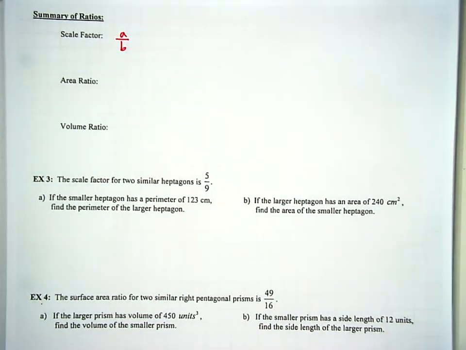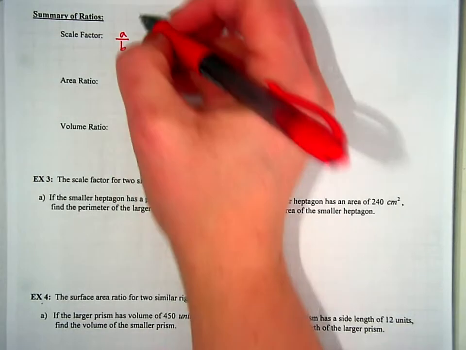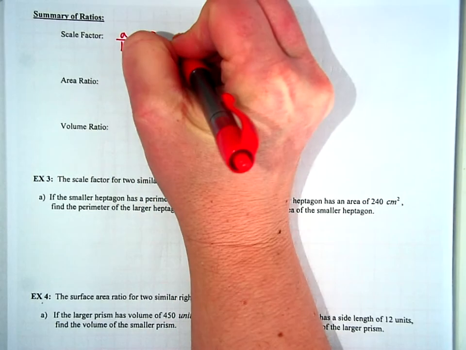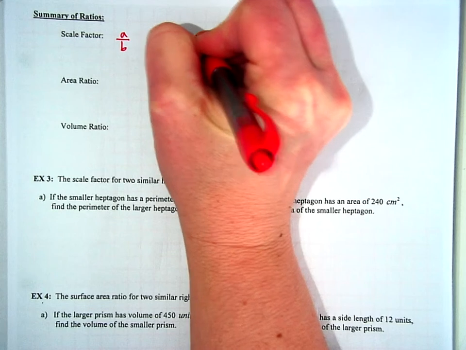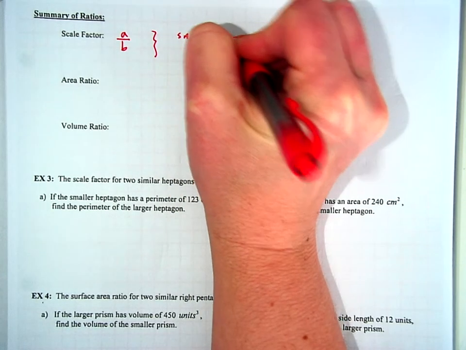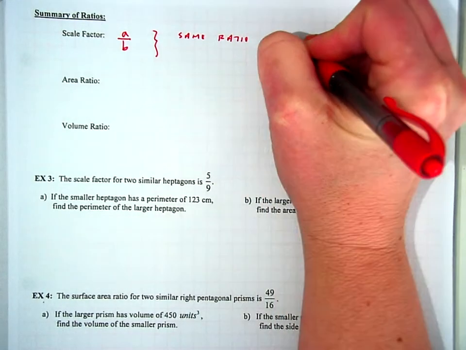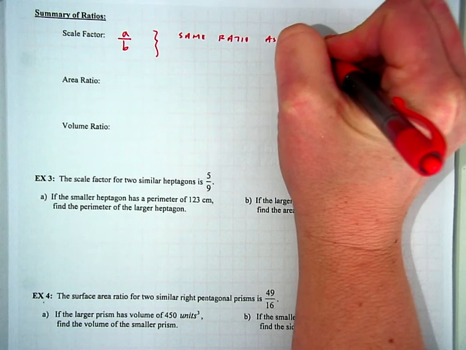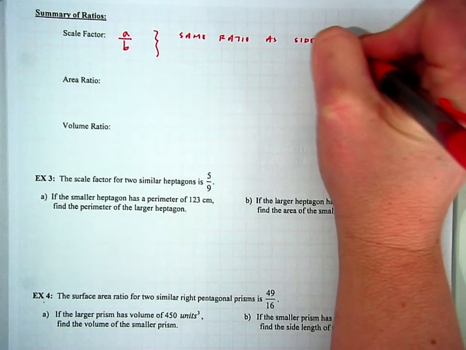All right, so here on that second page, I just wanted to summarize what I just said out loud. So our scale factor, let's say that I define it with variables, so I can say A to B. So my scale factor is A to B, so that's going to be the same ratio as any sides, any heights, any perimeters, any diagonals, any segment relationship.